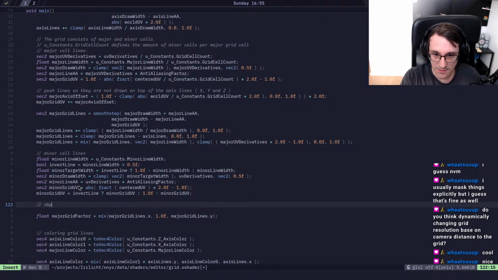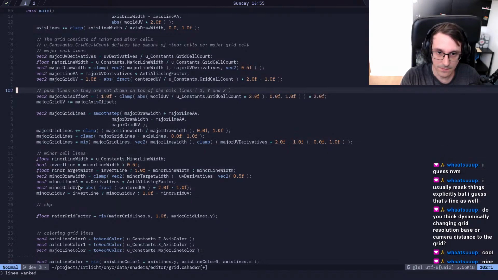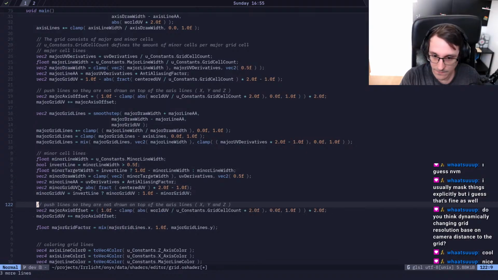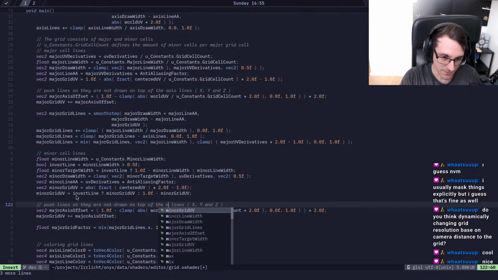Then again, skip are basically this, right? But this one skips push lines, so they are not drawn on top of major lines.